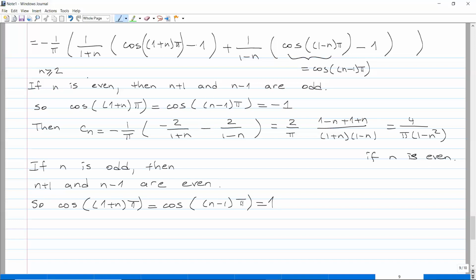But when they are 1, you have 1 minus 1, you get 0. So Cn is 0 if n is odd, and 4 over pi times 1 minus n squared if n is even.